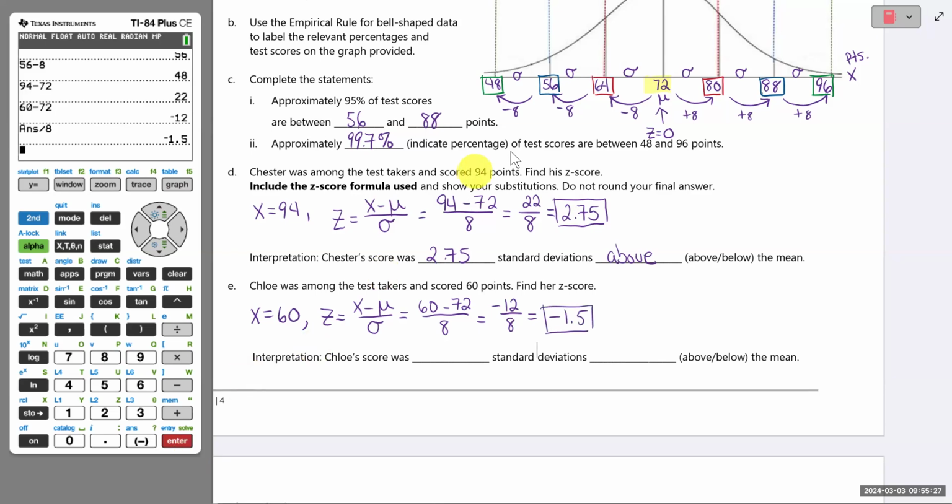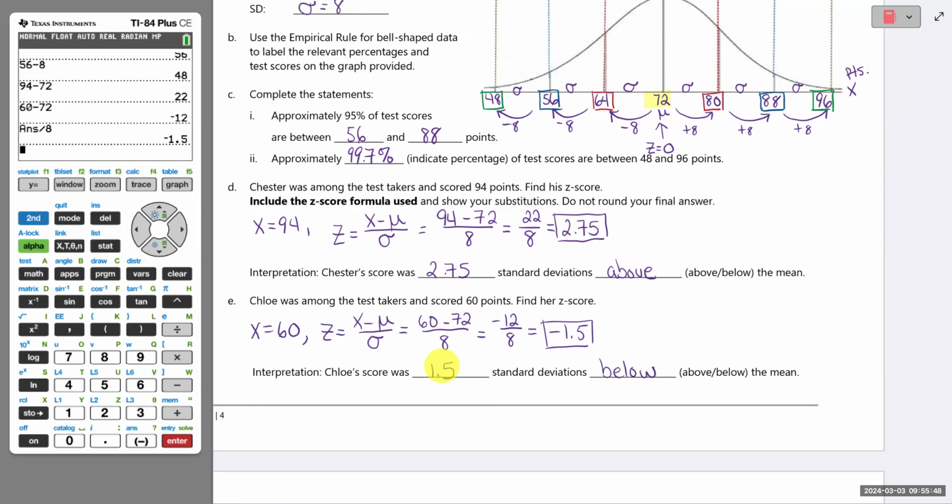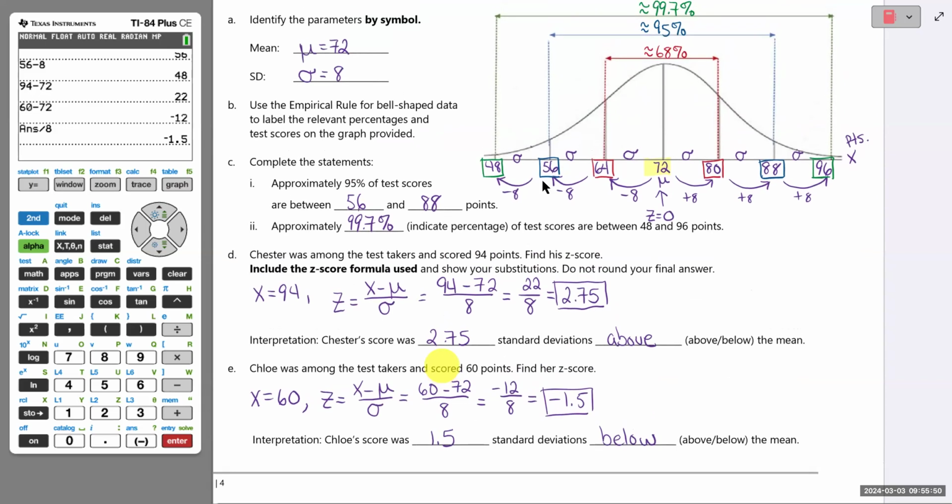All right, so her z-score is a negative number, but when we speak, we're going to talk about how many standard deviations she is from average. So when we speak, we'd write a positive there. She's 1.5 standard deviations, and then we would indicate that she is below the mean, below the average. All right, then hopefully that helps a bit with page 3.